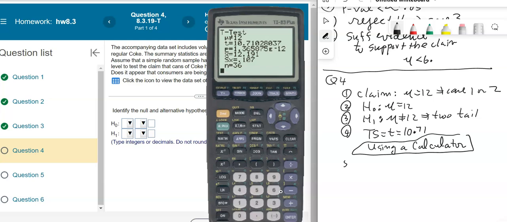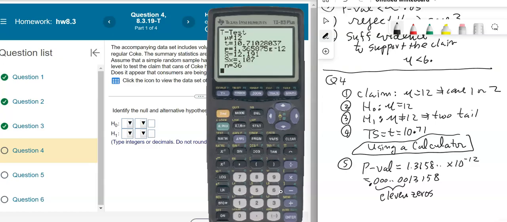10.71. Number 5, what is the p-value? The p-value is 1.3658 times 10 to the negative 12. That means how many zeros? 0.00, how many zeros? 11 zeros, always one less than 12.